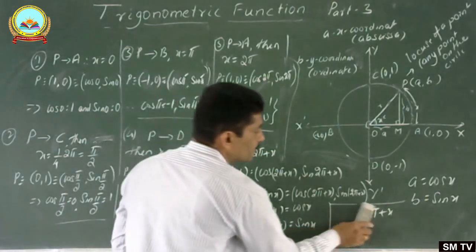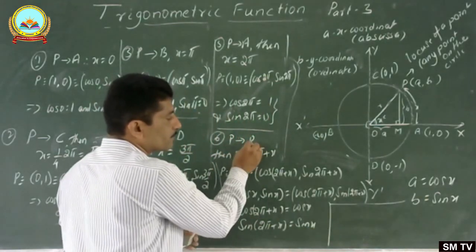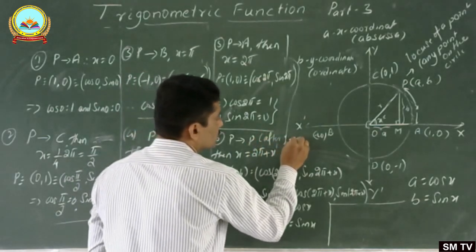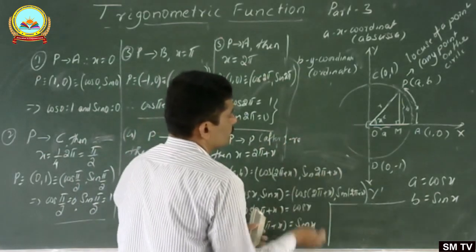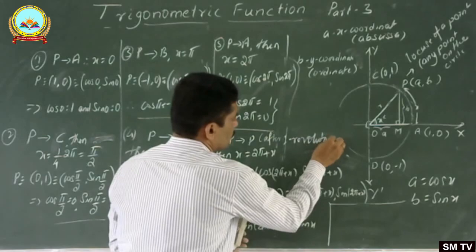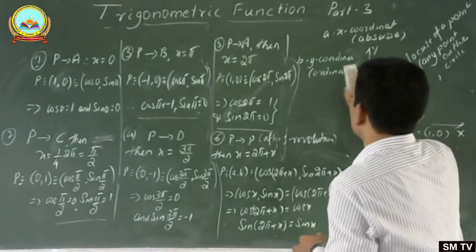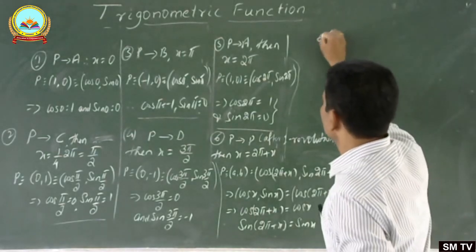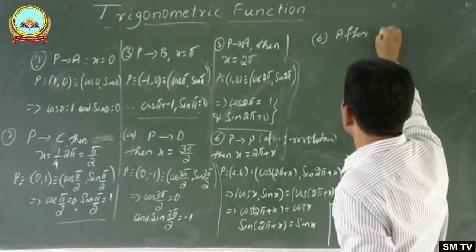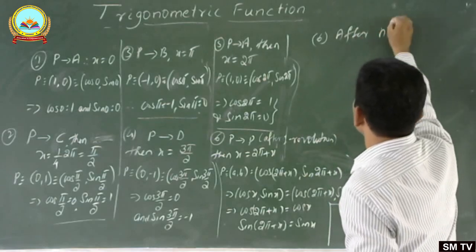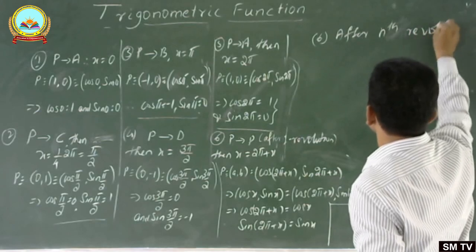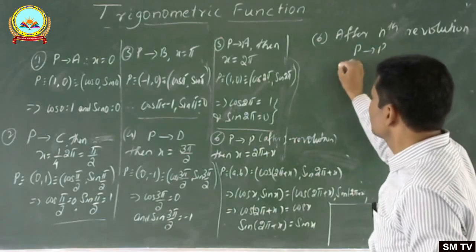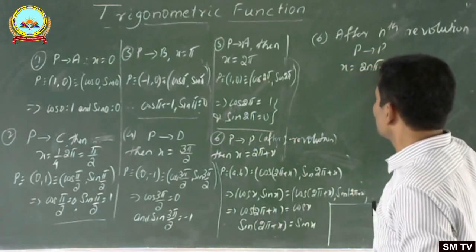Therefore, in general, after P coincides with P after one revolution, and in the general case, after nth revolutions, P coincides with P, then the value of x is equal to 2n pi plus x.